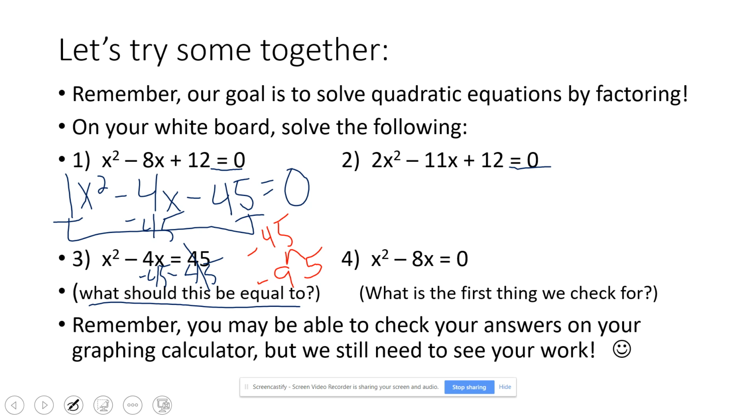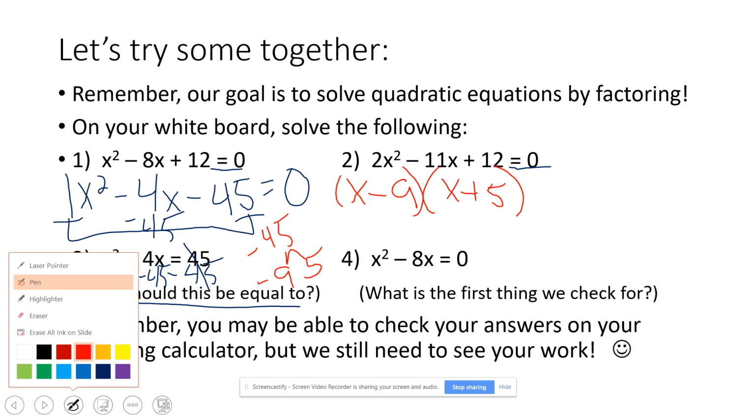So again, take a minute, do whatever your favorite factoring method is, and factor this problem out. We should get x minus 9 and x plus 5 as my factors.